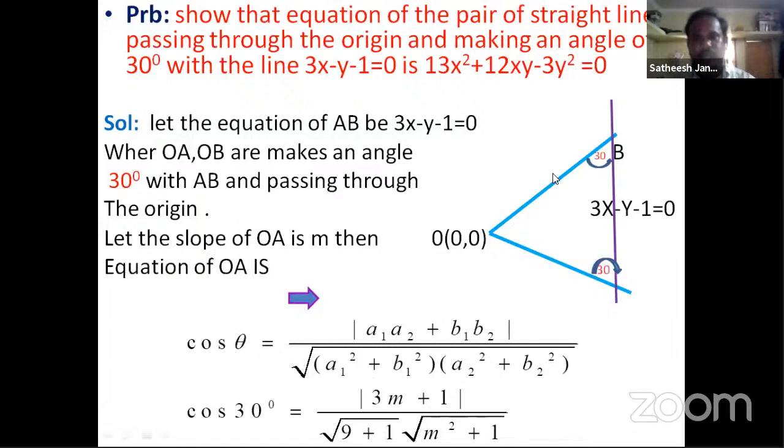Observe in the figure, 13x² + 12xy − 3y² = 0. What is the locus of this equation? That is clearly (0, 0).